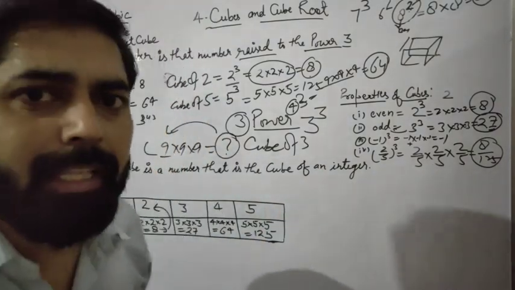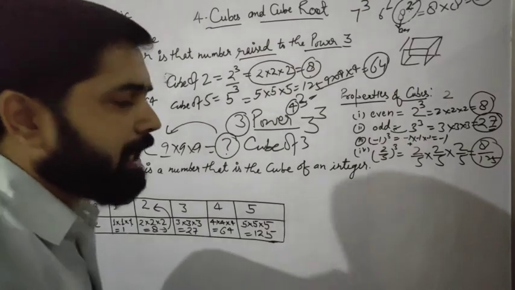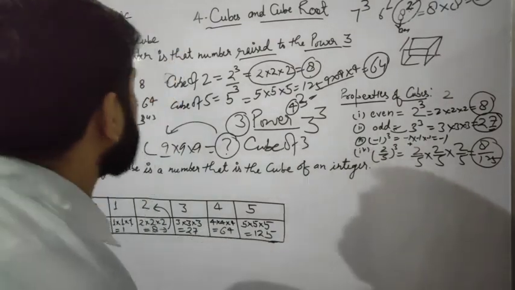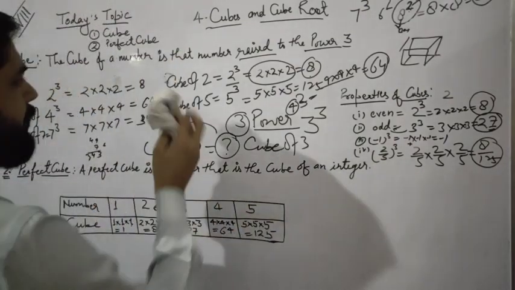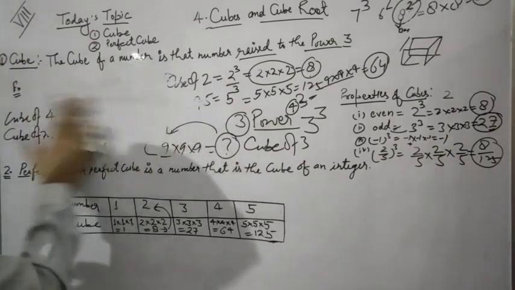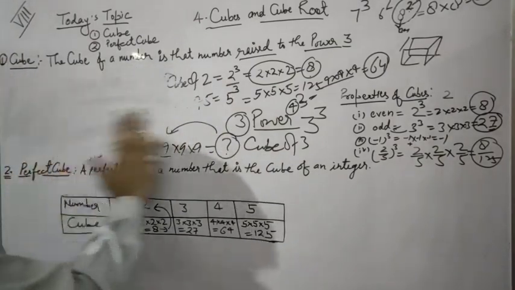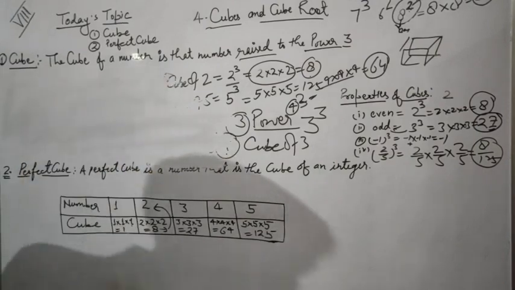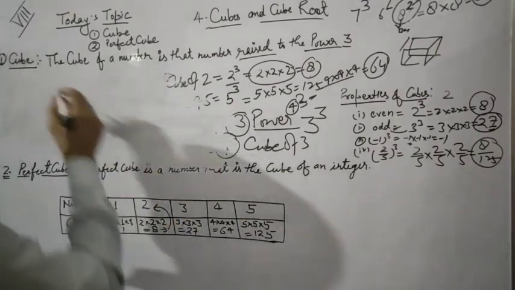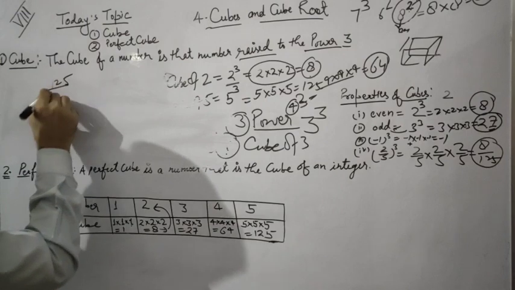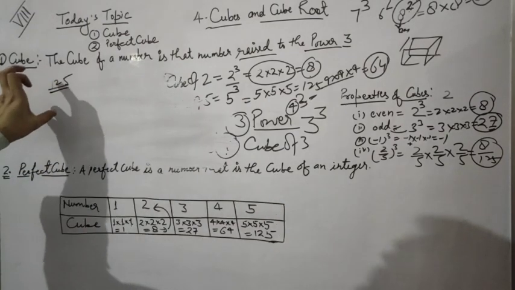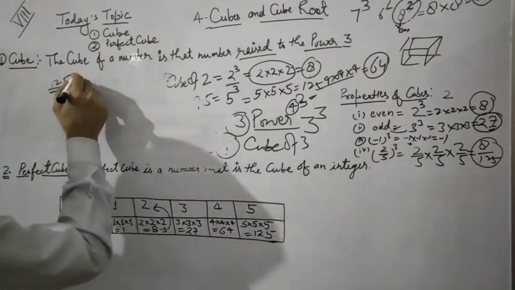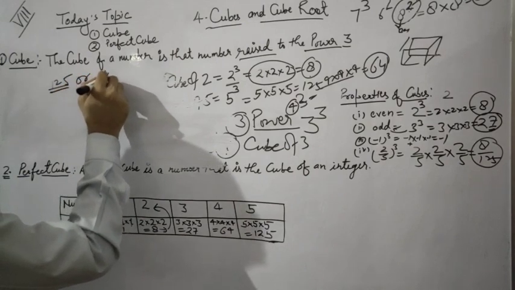Then how to examine? How can we examine whether a number is a perfect cube or not? So look here, we can examine very easily. Suppose one number is given, 125, and the question says examine whether 125 is a perfect cube or not.